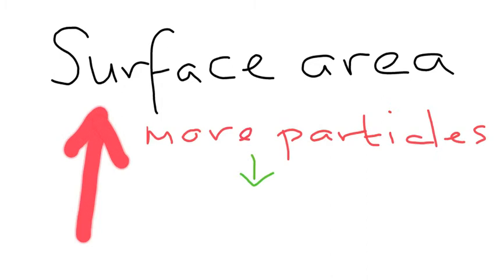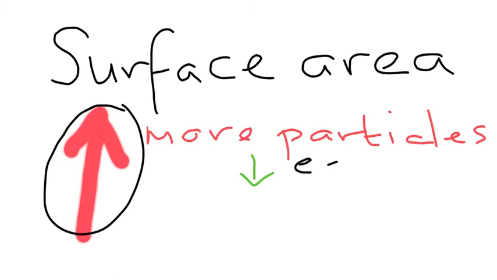So increasing surface area is a little bit like increasing concentration. What you have is more particles that are exposed. Those particles have the ability to actually change the rate by again affecting the number of collisions that we have.